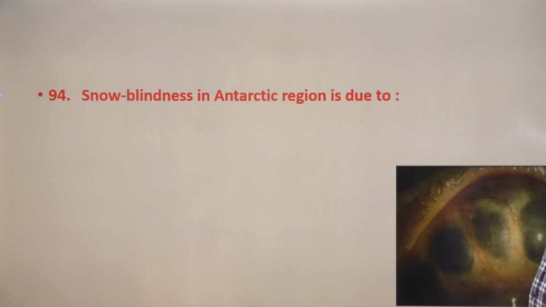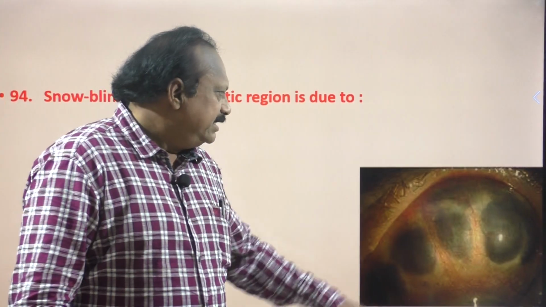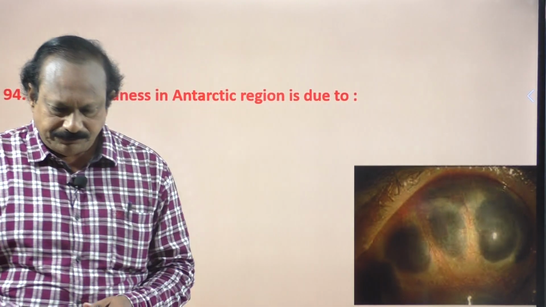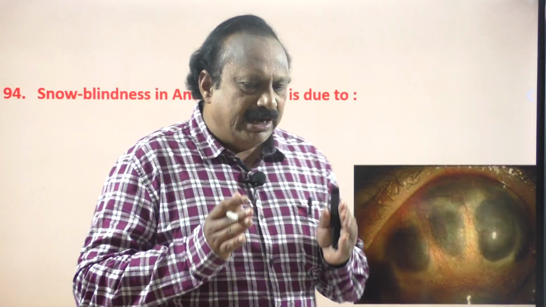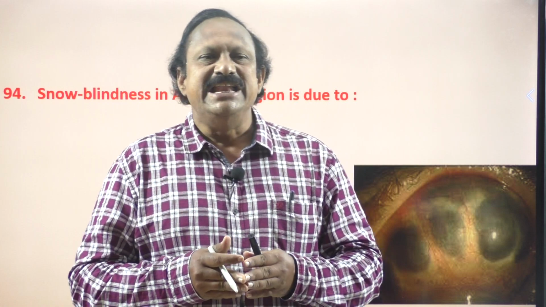Snow blindness in Antarctica region is due to. Look at this one. This is the eye which shows the snow blindness. UV B rays, ultraviolet B rays are highly dangerous. When they strike the human skin, it causes the death of the cells in the skin and skin cancer.